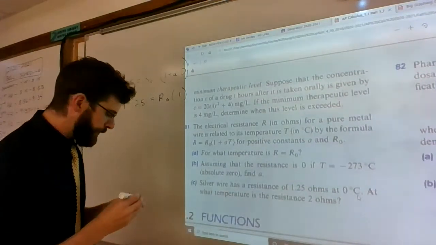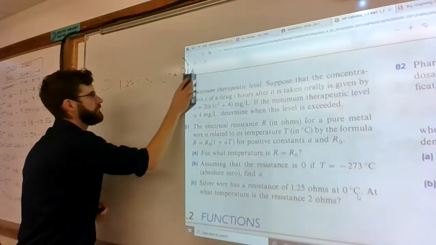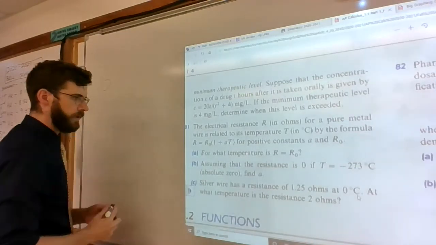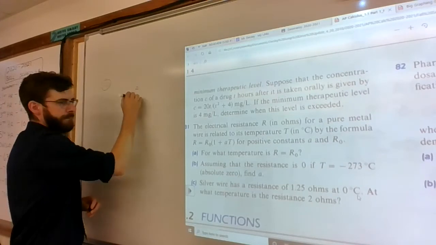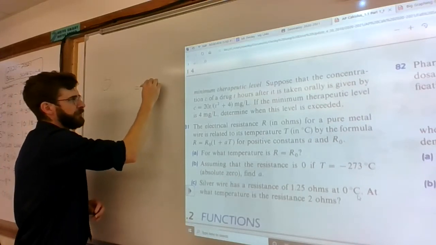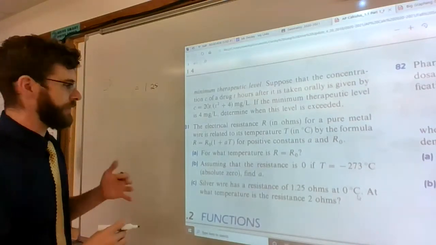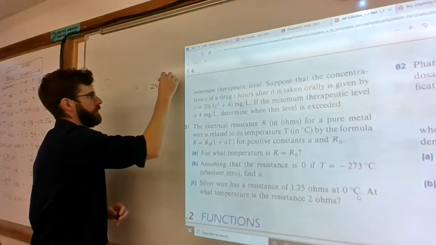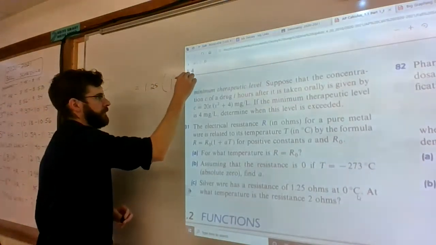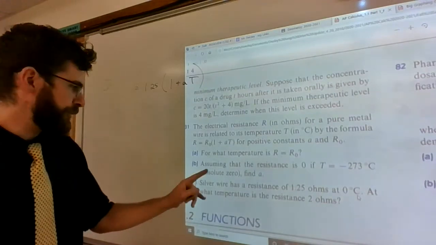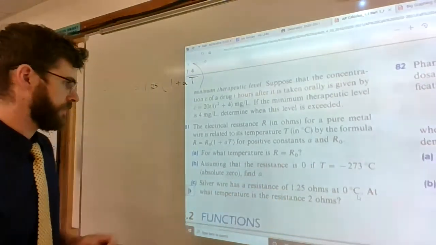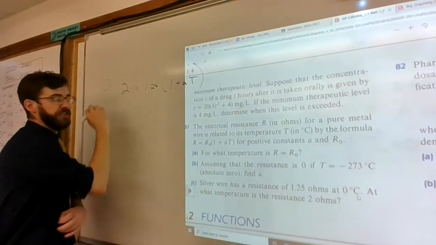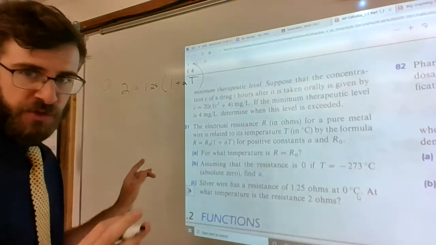So what we can do is say 1.25 goes into R sub 0. At what temperature does the resistance become 2 ohms? So at this point, that's the resistance we're assuming.